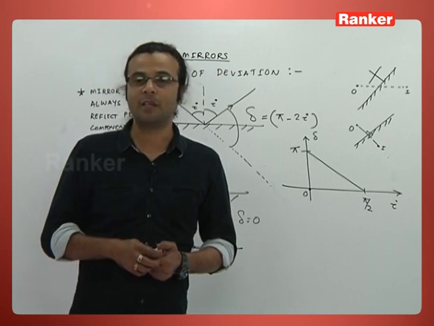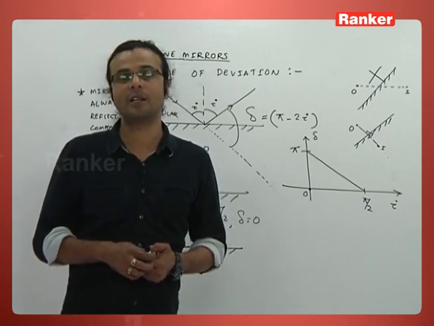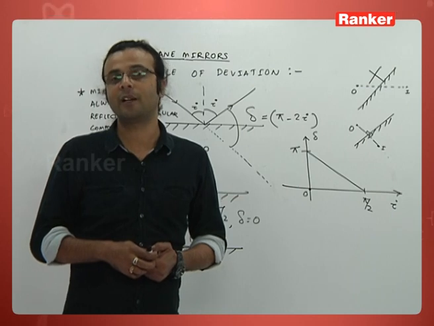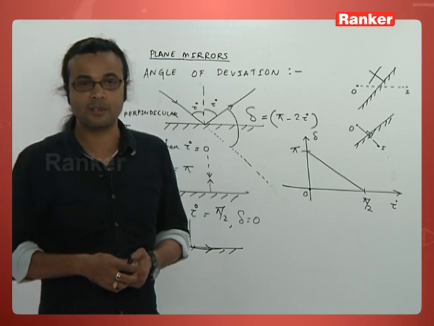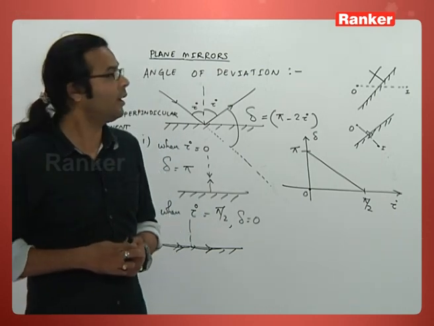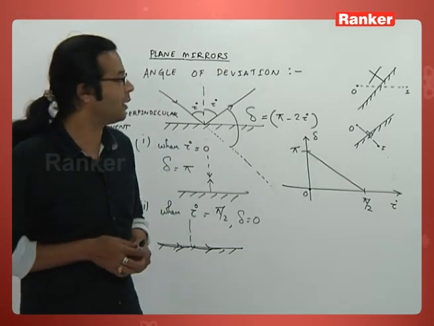Next, when we rotate the mirror keeping the incident ray fixed, the reflected ray will rotate by an angle of 2 theta in the same sense as the rotation of the mirror, and we discussed a small problem related to that.